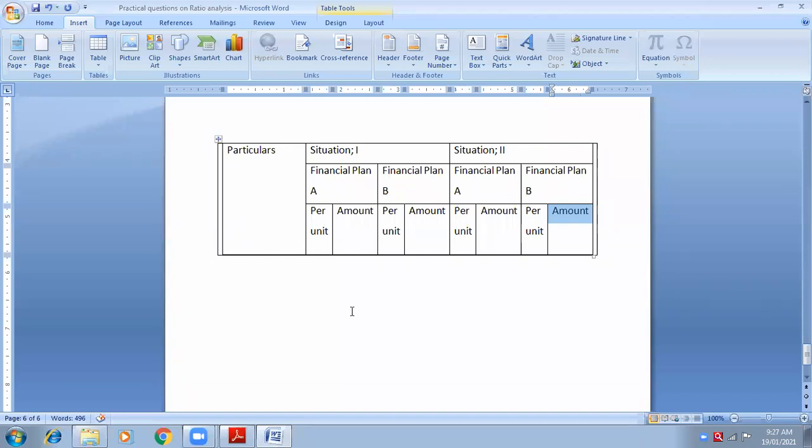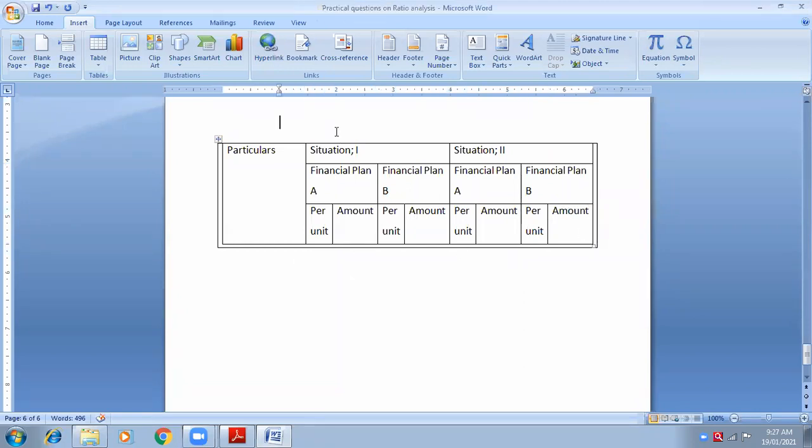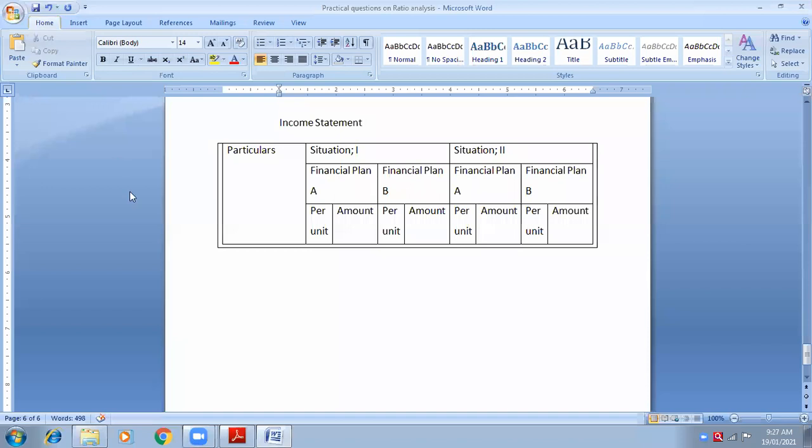Okay, make it. I'm waiting for you. This is how you have to make it. And on the topmost part, you can write income statement.